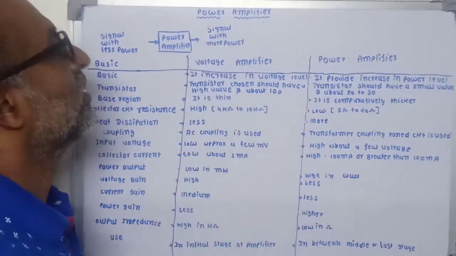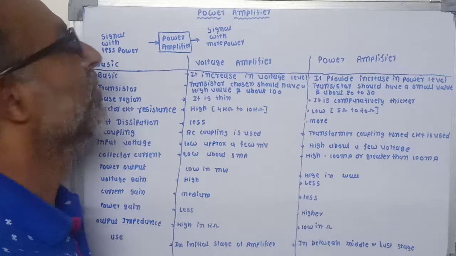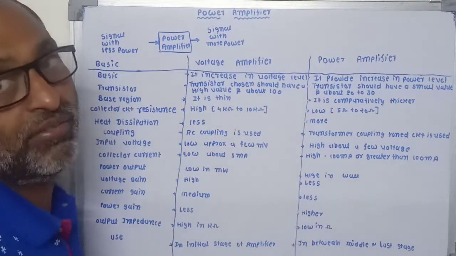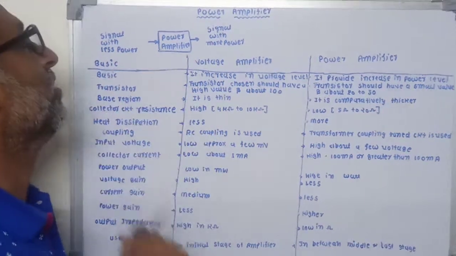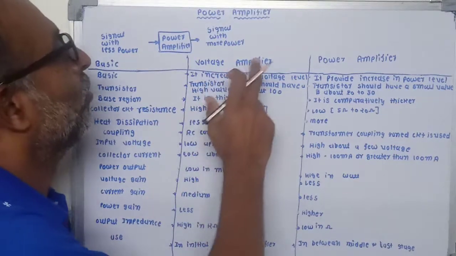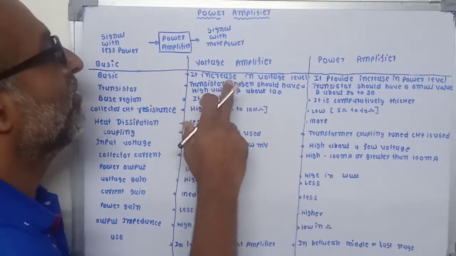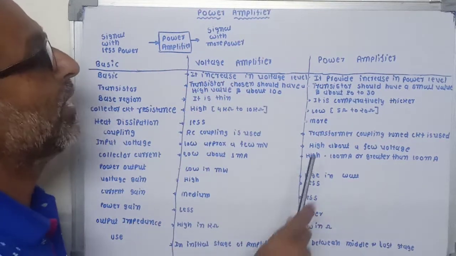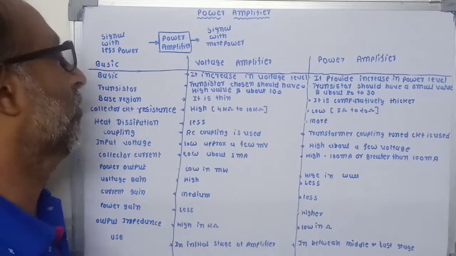And next, what is the difference between a voltage amplifier and a power amplifier? The main difference is that a voltage amplifier increases the voltage level, and a power amplifier provides an increase in the power level.